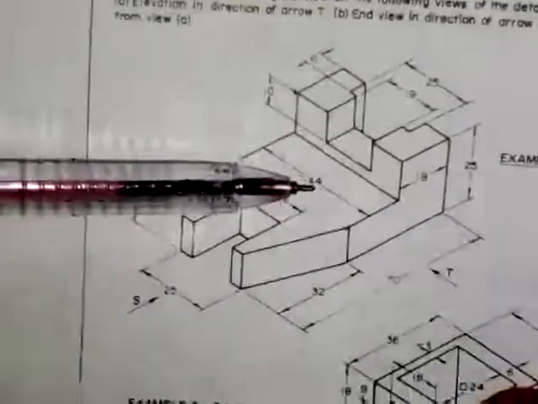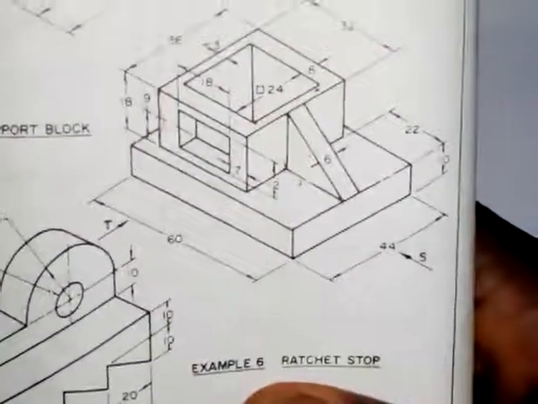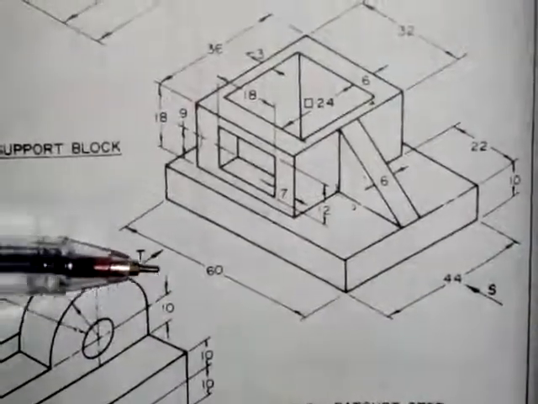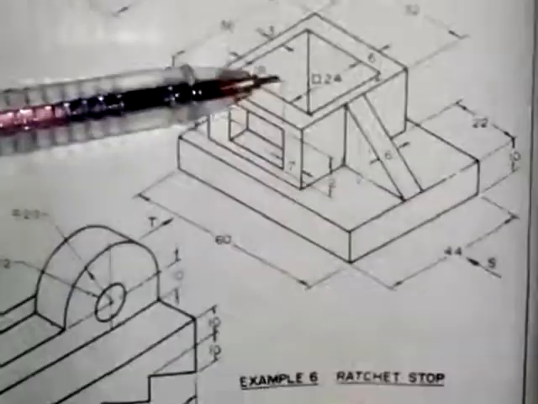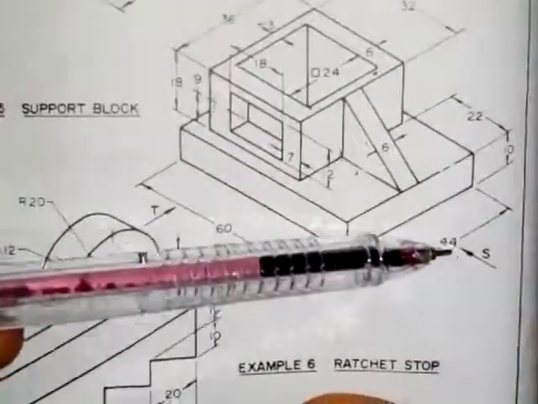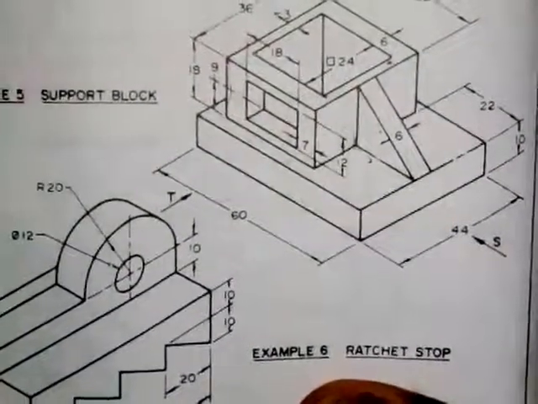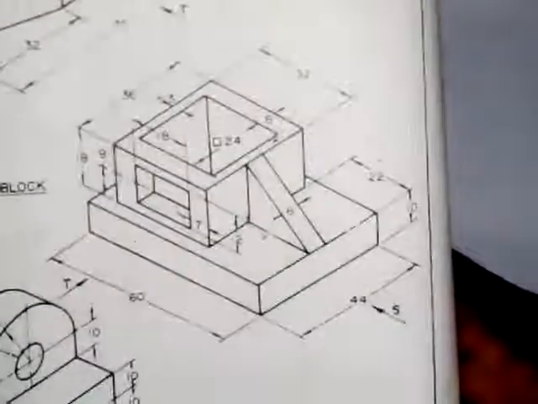So I've worked on the other one, so I want to work on this one now, and we are asked to produce the orthographic views in third angle projection: the front elevation in the direction of ROT, the plan in the direction of the front elevation, and also the end elevation in the direction of ROS. We are drawing this in third angle projection, and let's talk about the dimensions of this diagram.